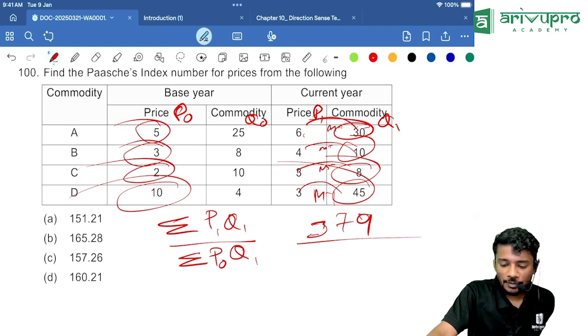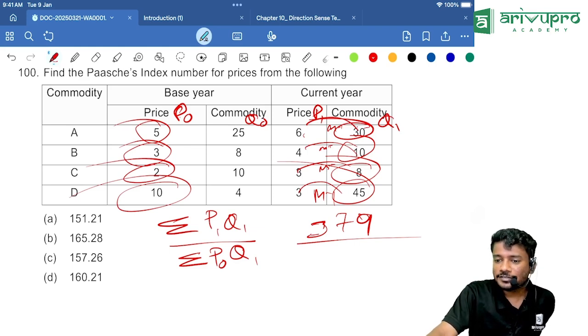Yes. 0.586. 0.58. Is that the answer? How will you get the answer then? Option C is the answer. Did you apply the formula correctly? Into 100 is there. 58.6.